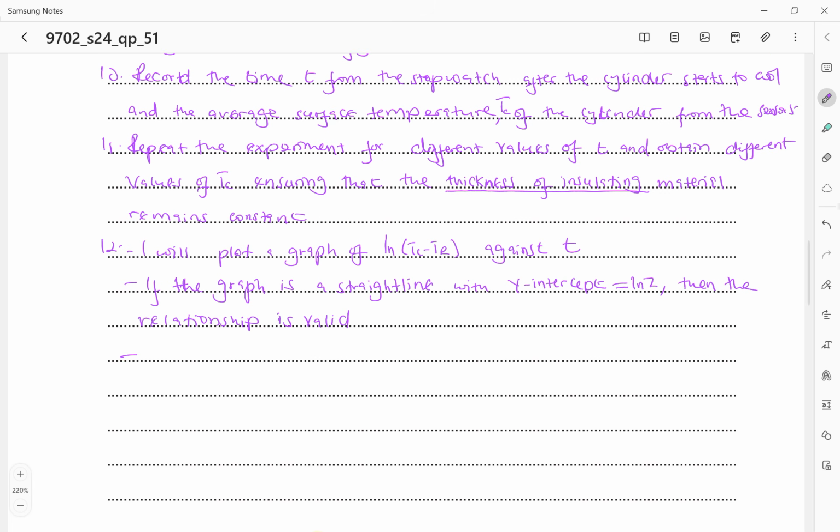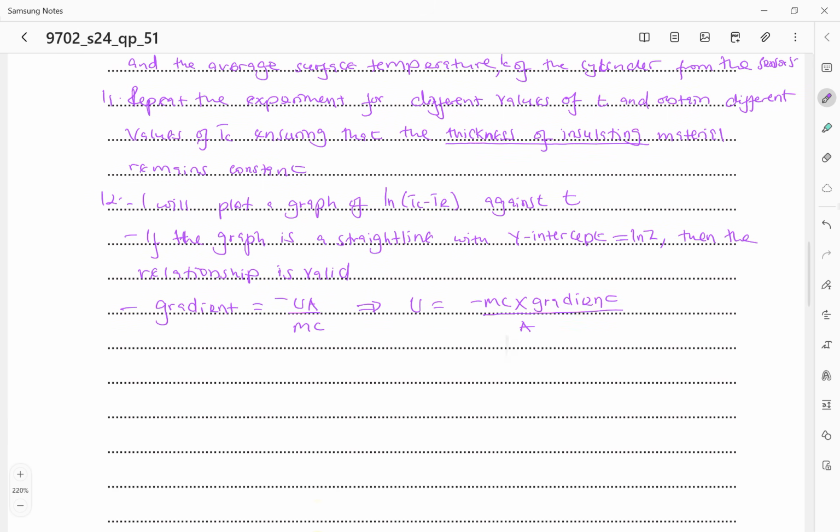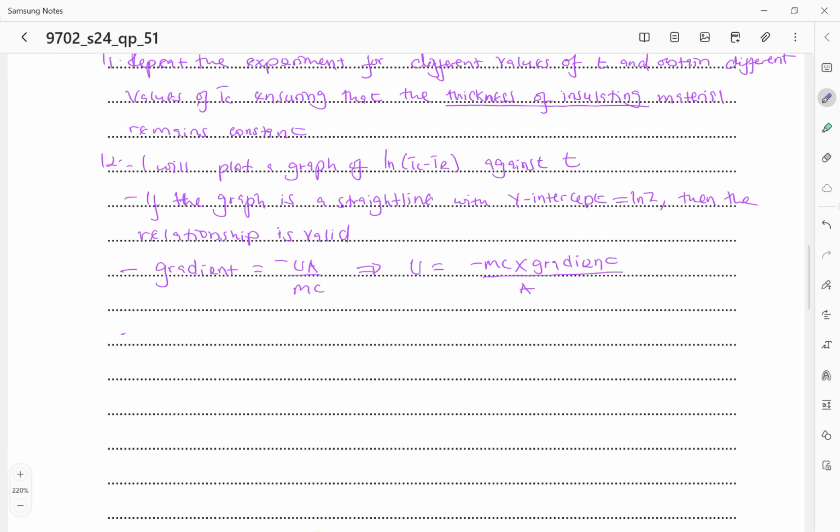And then we are still on analysis. We saw that the gradient was equal to minus UA divided by MC, which implies that the gradient, U, is equal to minus MC times the gradient divided by A. That is then the y-intercept, of course, is equal to ln of z.